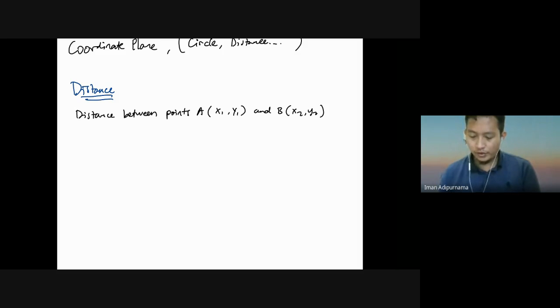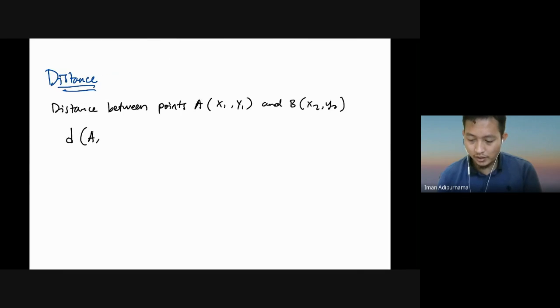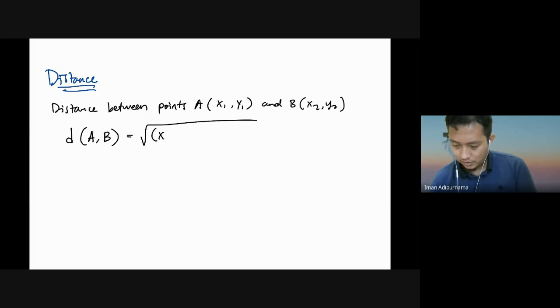So if you have 2 points in the plane, you usually write with a small letter d, and A, B, the points you are going to observe, and then square root. Why do you write it like this?